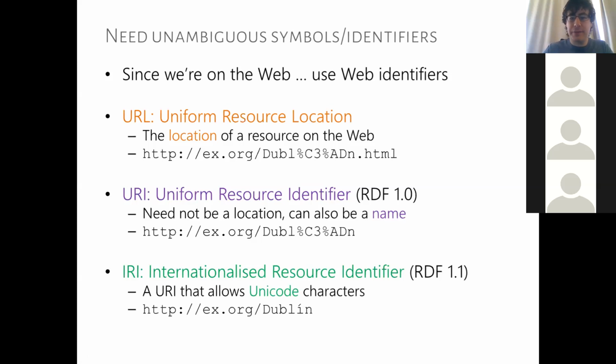So you could also have Chinese, Japanese, or whatever alphabet you could use here in your IRIs. So these are, again, identifiers that we can use to identify arbitrary things. Since we're on the web, we're going to identify things using web identifiers, similar to what we use for documents, but somehow more generalized.